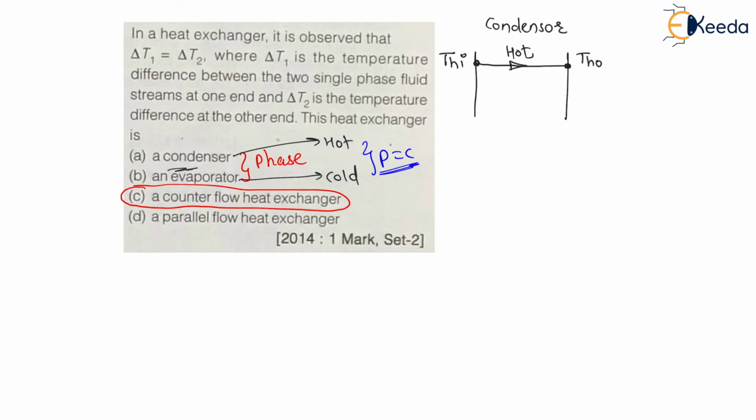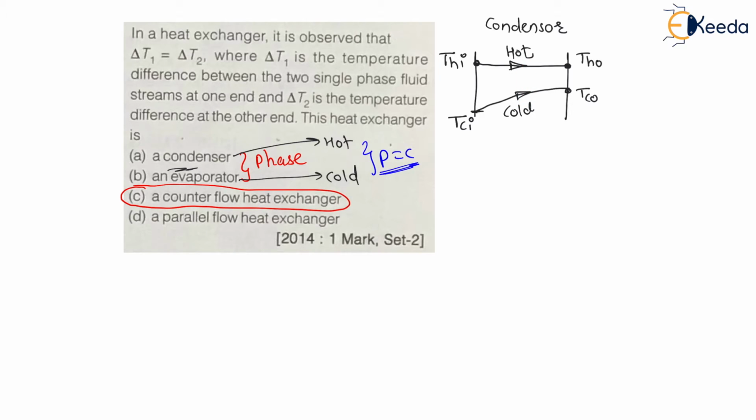And let us say it is a parallel flow heat exchanger. As the hot fluid is flowing from left to right, the cold fluid will also flow from left to right. During the flow, the inlet temperature of the cold fluid is Tci and the exit temperature of the cold fluid is Tco, and the temperature of the cold fluid will increase. This is the cold fluid. And my dear students, such a type of heat exchanger is called a condenser.